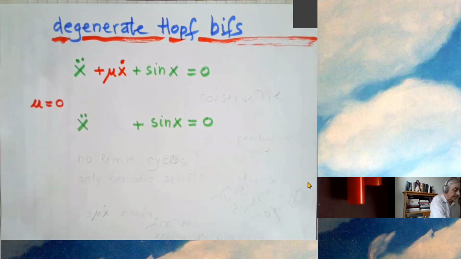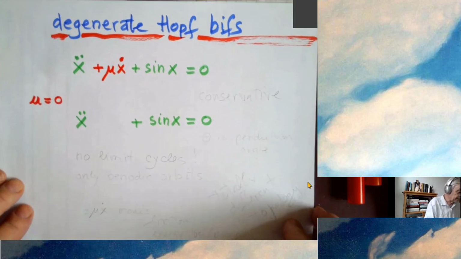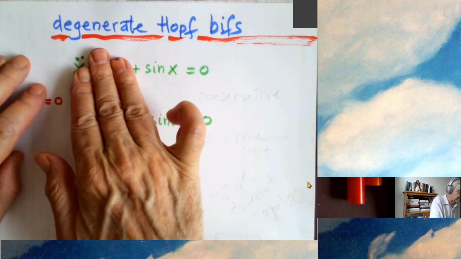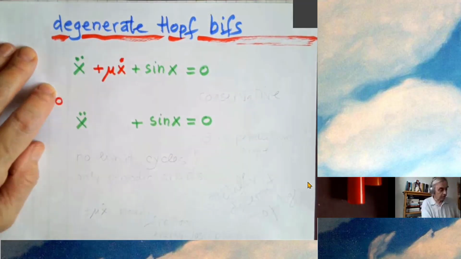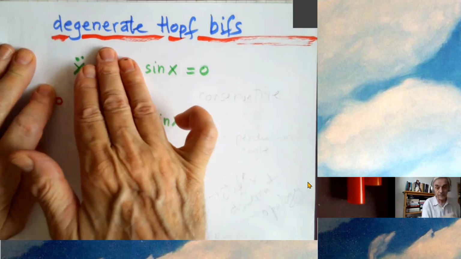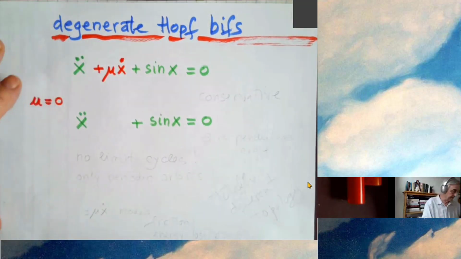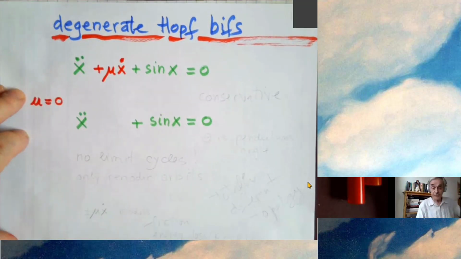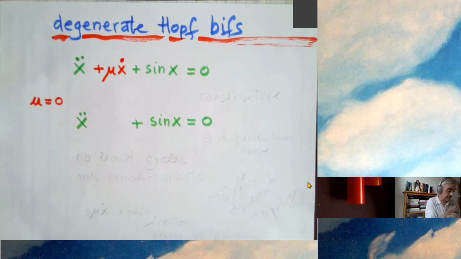So let's look at our usual model that we have studied many times before of a damped harmonic oscillator. Now, not harmonic oscillator, but pendulum, so something that's driven. For example, Josephson junction cares about such things.